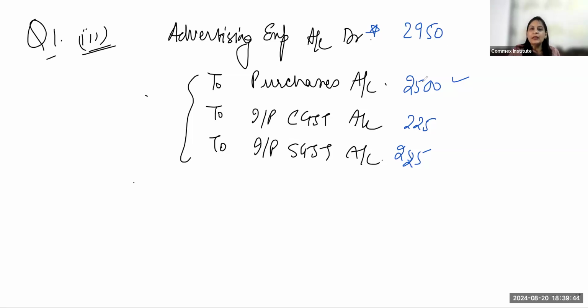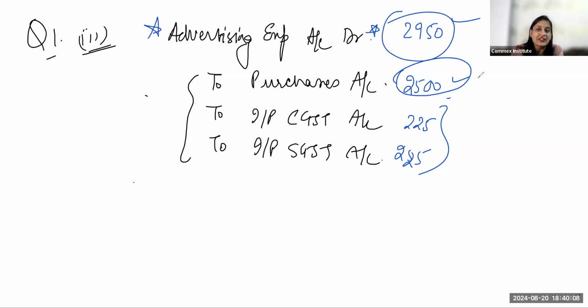Please make sure that the amount given for purchases, you have to credit in purchases only. And then the GST part would be added separately, because they gave us that purchases figure. Had they given this inclusive of GST, then you would have done it differently. Sometimes they may give you the total advertisement expenses inclusive of GST, and they won't give you the rate.